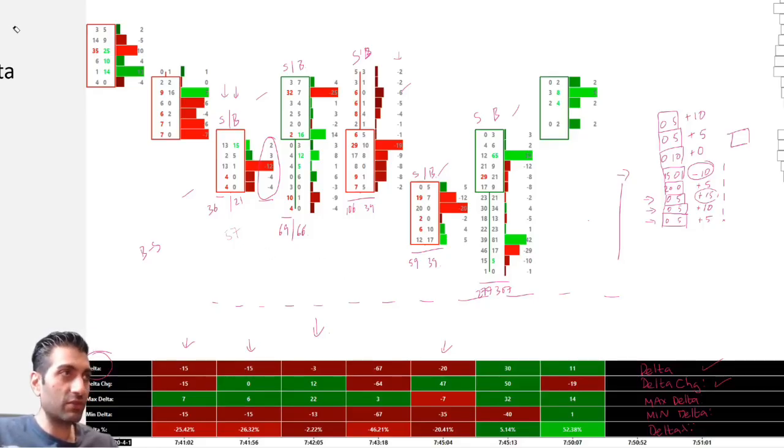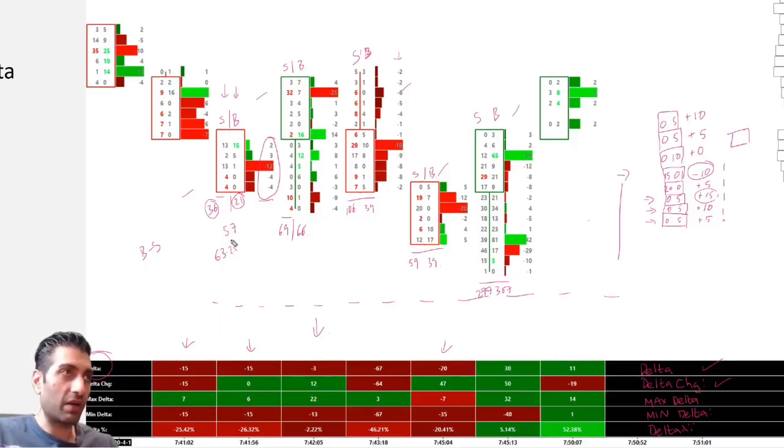So 57 contracts traded in total. In basic percentage terms, how many of those 57 were sellers? 36 over 57, right? So that is 63.2%. Again, do this on a calculator. There's no point in me wasting time doing this here.